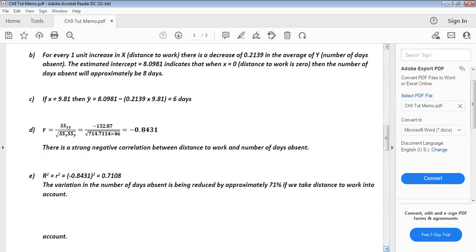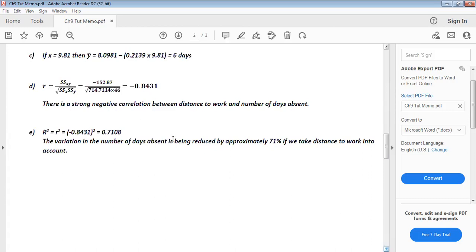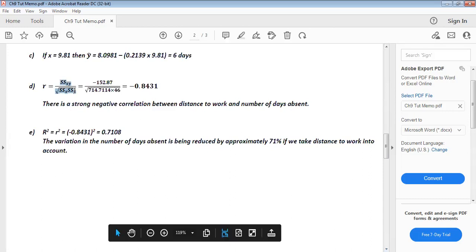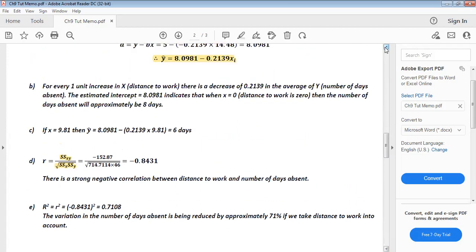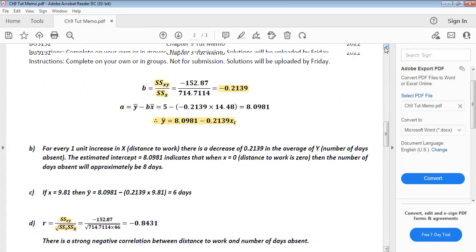So I'm just going to show you now. Okay, here is the formula for the correlation coefficient. The sum of squares of xy divided by the square root of the sum of squares of x times the sum of squares of y.